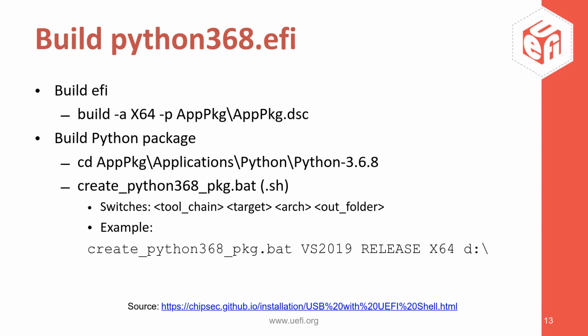Create Python 368 package bat and create Python 368 package.sh. You will need to specify the toolchain, build target, architecture, and destination folder where everything will go. Run that, and you're done. You've built the shell and encapsulated the Python 368 build.